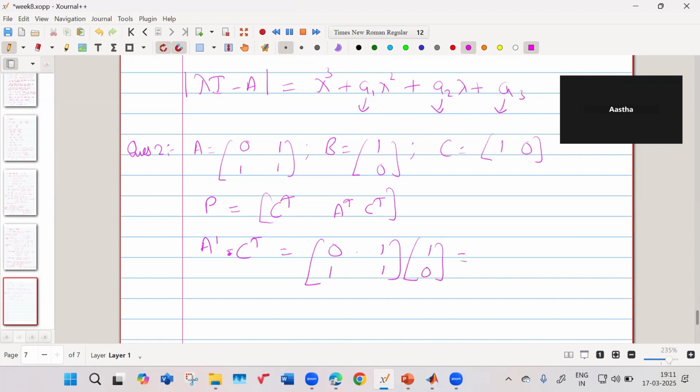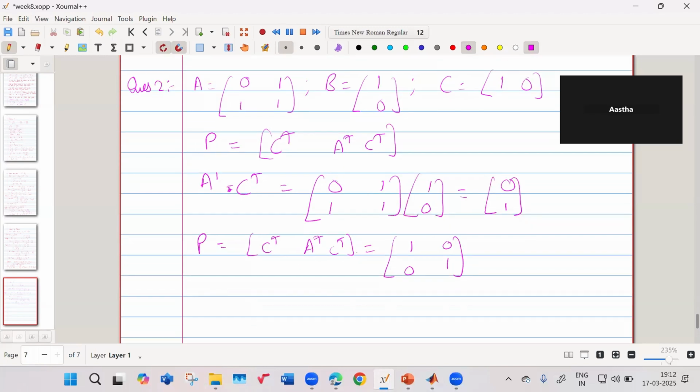So 0 into 1 is 0, 1 into 1 is 1. Okay, so this is A transpose, C transpose. So P matrix, which is given by C transpose, A transpose, C transpose, is actually equal to 1, 0, 0, 1. So to our ease, this comes out to be an identity matrix, right? This is an identity matrix.